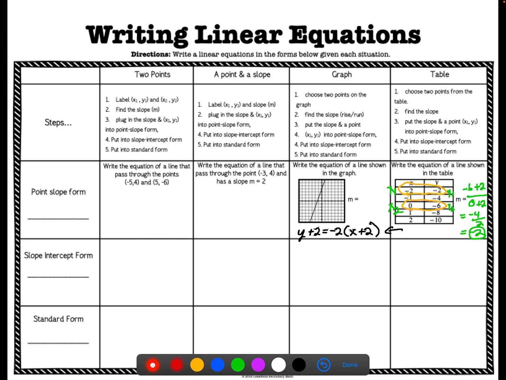If we want to change this into slope-intercept form, then we need to distribute the -2 inside so that we have y plus 2 equals -2x minus 4. Then we subtract 2 from each side, and we have y equals -2x minus 6.